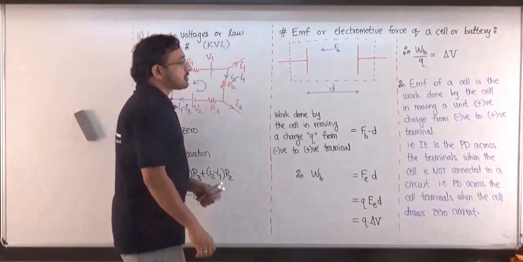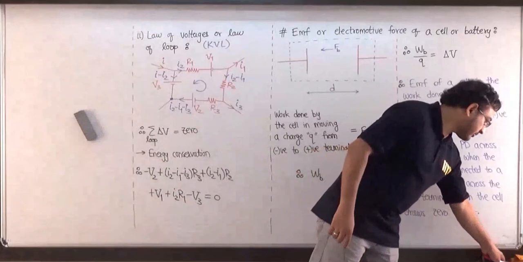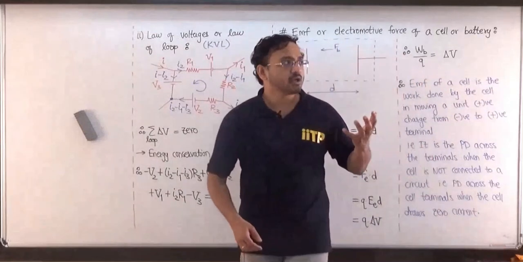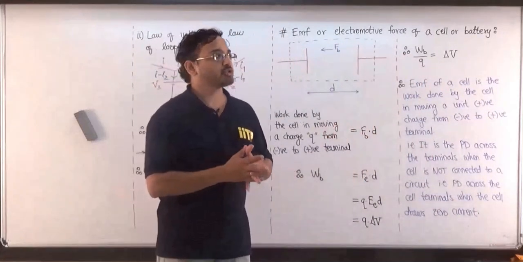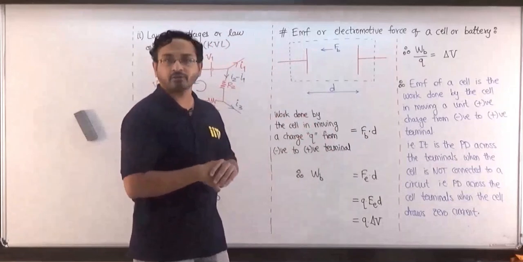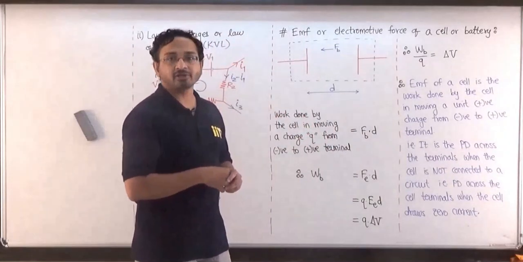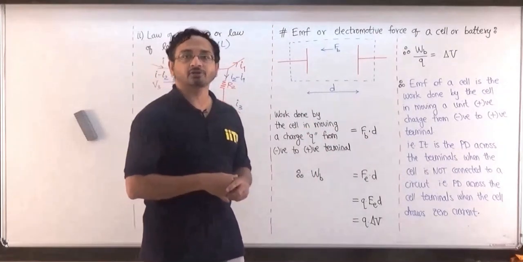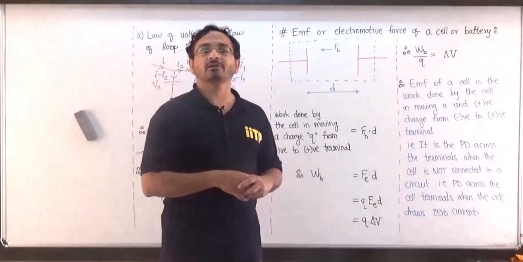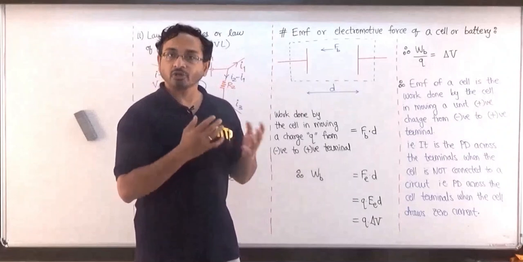So let us talk about a cell or a battery. All of us use these things in our daily life, so we are very well aware what a cell is, what a battery is. We know there are different kinds of cells. Usually they are denoted by AA, AAA, those kinds of notations.